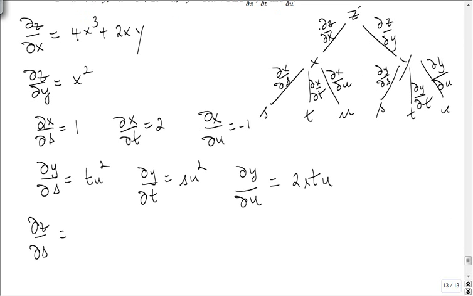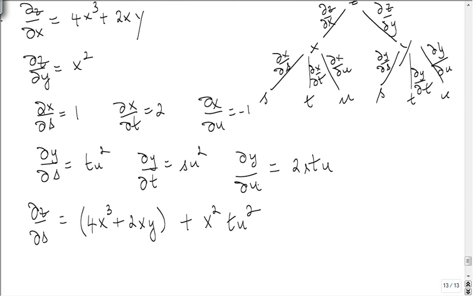So, partial z with respect to x is 4x cubed plus 2xy times 1, so let's leave out the 1, plus x squared times partial y with respect to s, tu squared. Okay, let's leave it like that because I want to go further with this.